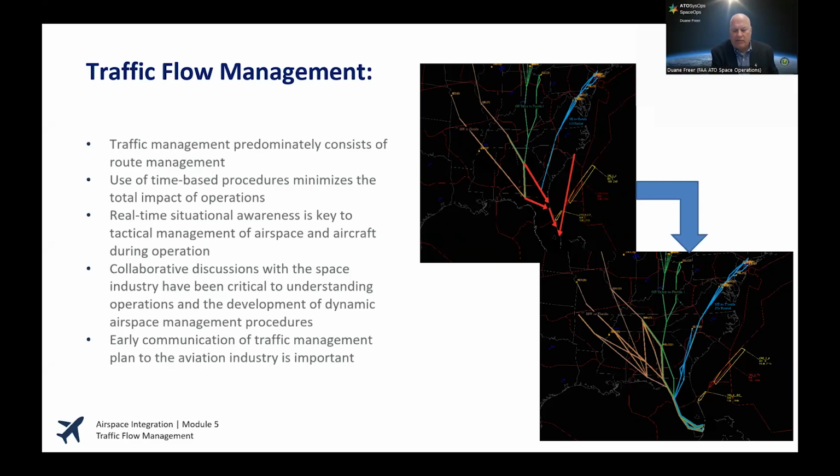The primary goal there is to mitigate the impacts, mitigate the delays associated with that, but also to balance the traffic flows within the facilities, Jacksonville Center and Miami Center, to ensure that the air traffic control sectors in those facilities don't get overloaded during the times of the mission.